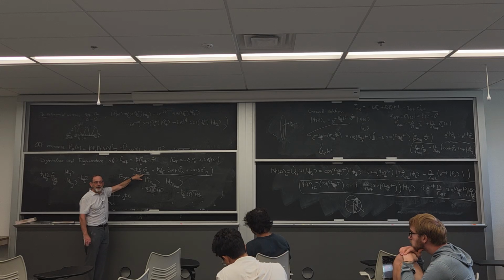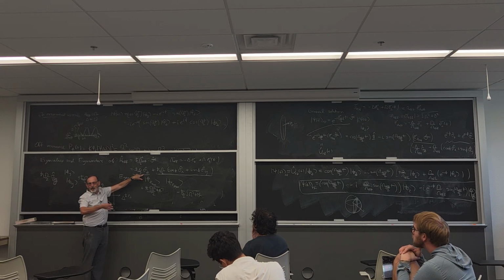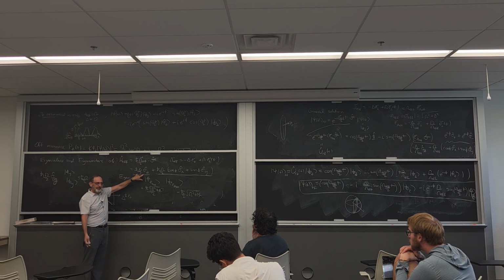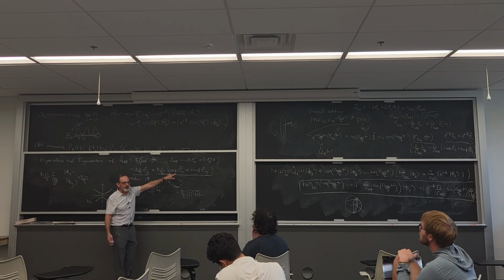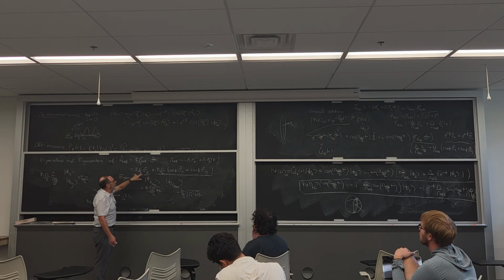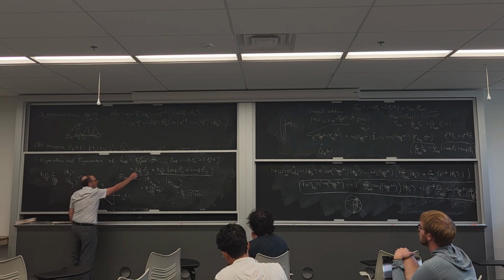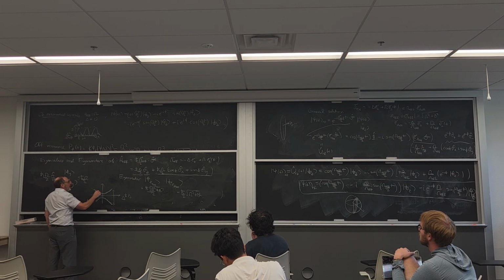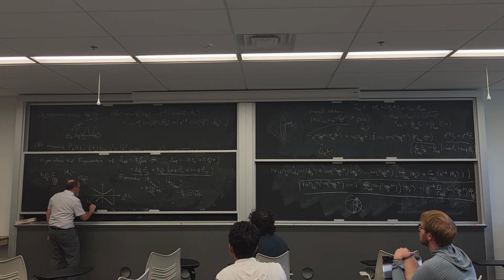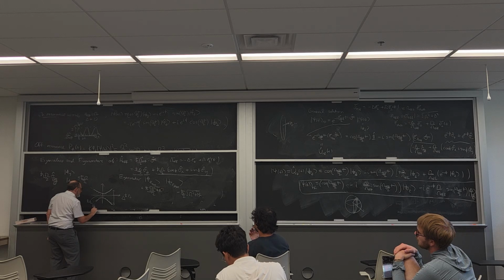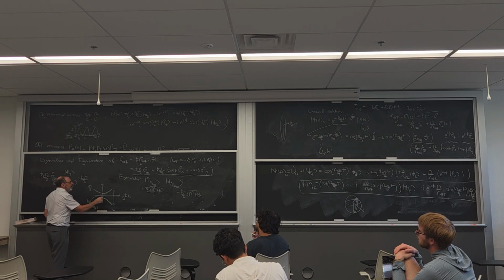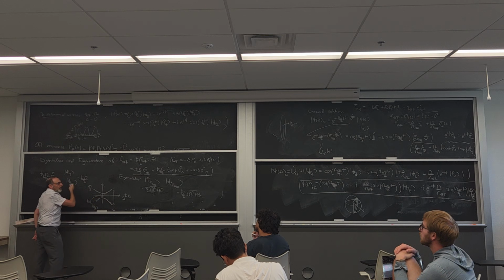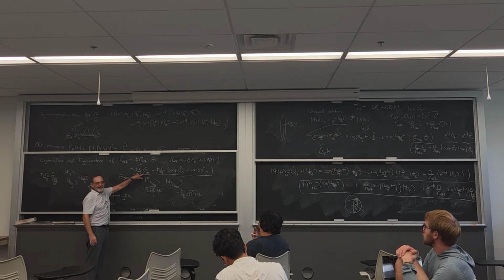Remember, H0 was h bar omega naught over 2 times sigma z, and then we turned on the drive. This is what we call the bare states, and they are minus delta, so for red detuning, this is spin down, and this is spin up along z. When I'm very far detuned, this dominates.